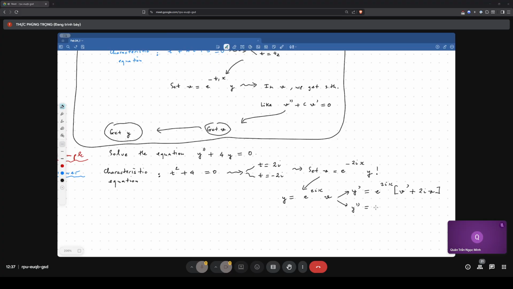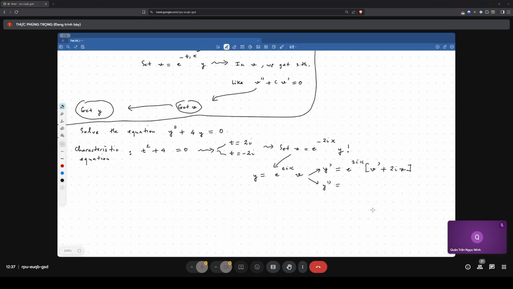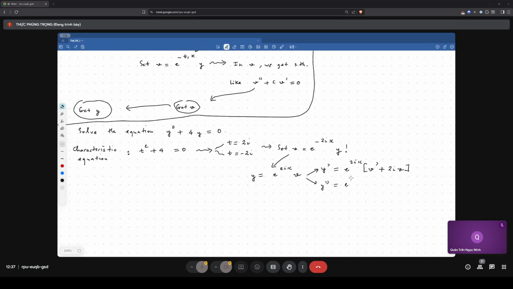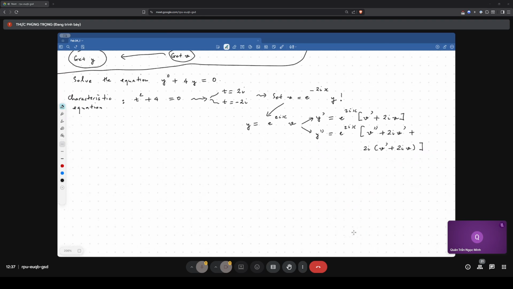Let's see what we have for the second derivative. So for the second one, you get e to the power 2is times v double prime plus 2i v prime, is that right?